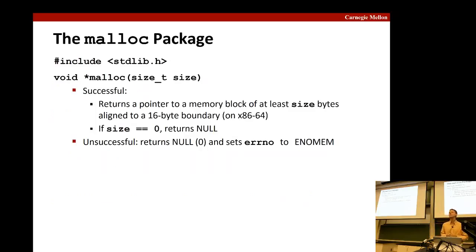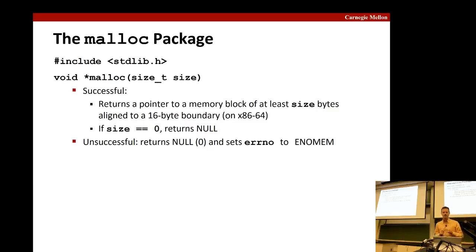You're probably most familiar with malloc. It comes in the standard library. It takes a size and returns a pointer. If all goes well, that's a pointer to a memory block that's available to the program, at least of the requested size. There are certain alignment conventions on x86-64: the pointer points to something that's 16-byte aligned.